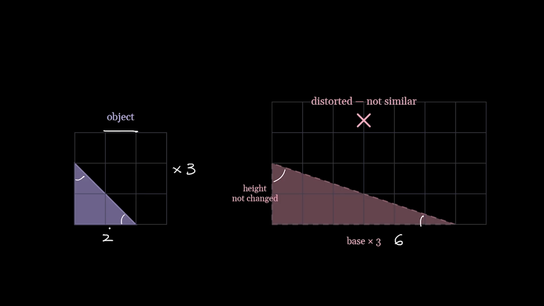In this case, you should multiply the base as well as the height by the scale factor. When the scale factor is 3, the base and height and every other length must all be multiplied by 3. And if that is true, then your enlargement will be perfect.